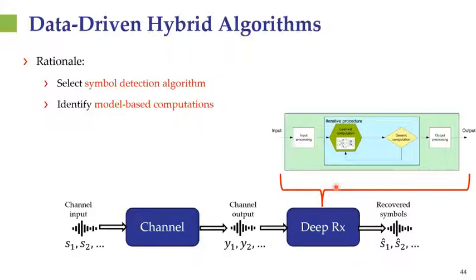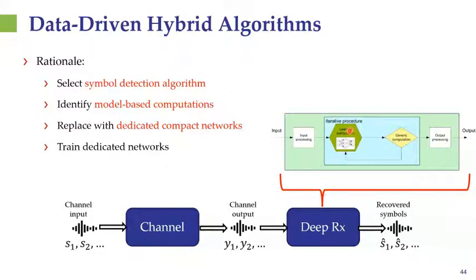Here the rationale is to select a symbol detection algorithm which is suitable for this specific channel and this specific problem, and to identify which of its computations require knowledge of the underlying model. Then we replace those computations with dedicated and relatively compact networks, and we don't train the whole thing in an end-to-end manner. We're just training those dedicated components such that we can implement the overall algorithm in a data-driven fashion.